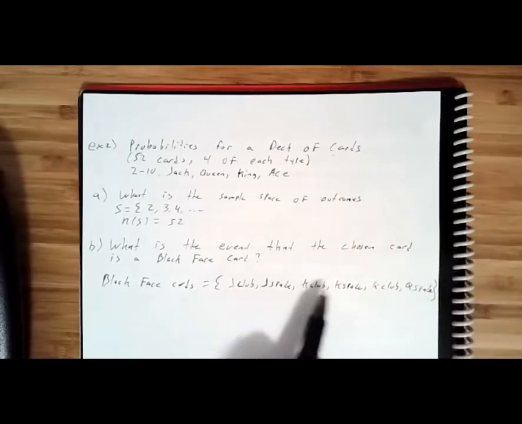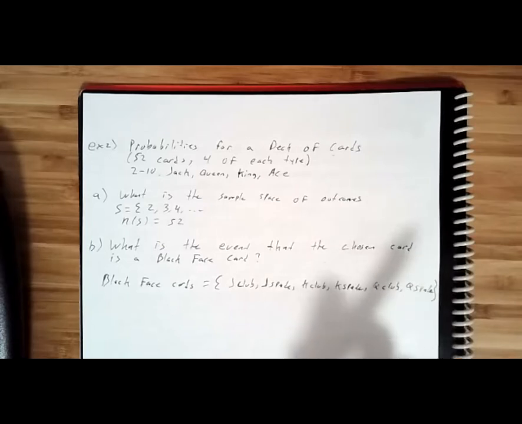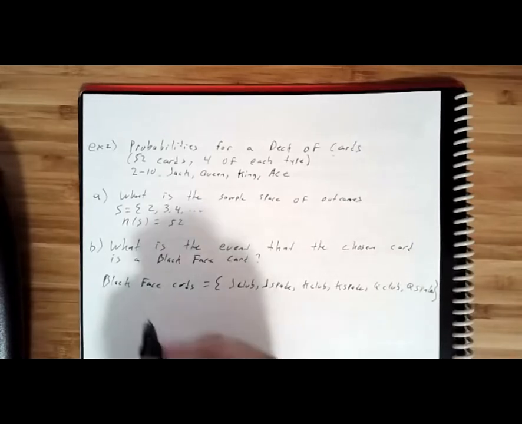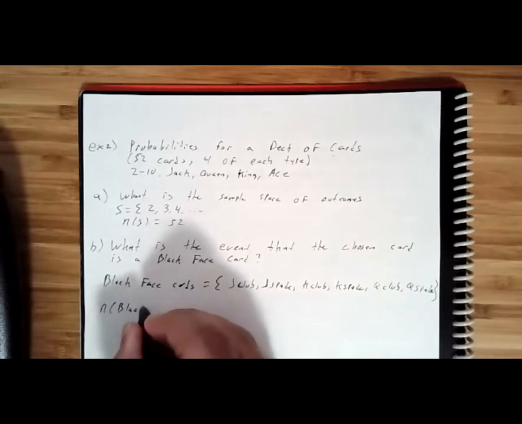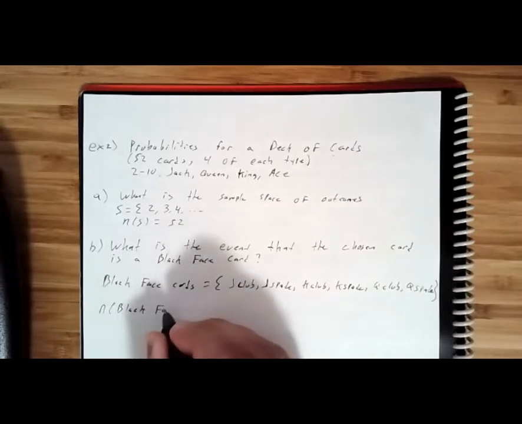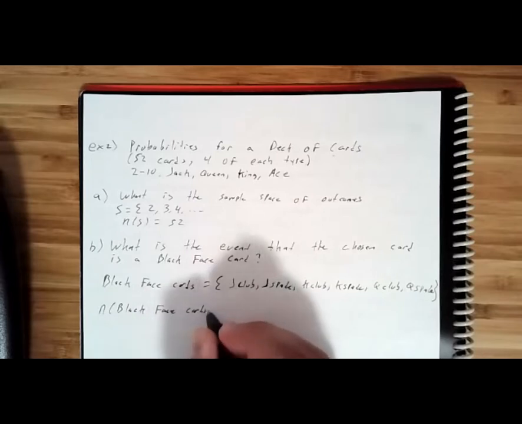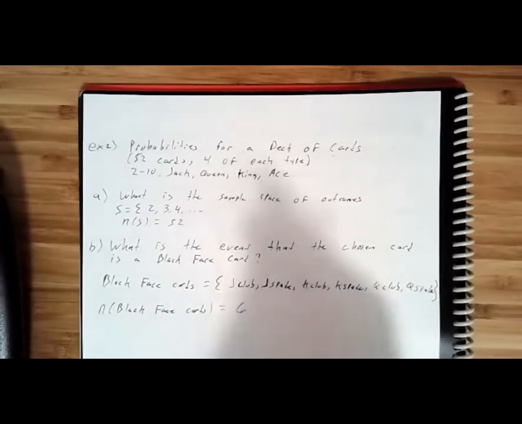So 1, 2, 3, 4, 5, 6. There's 6 elements in there. So the number in black face cards would be equal to 6.